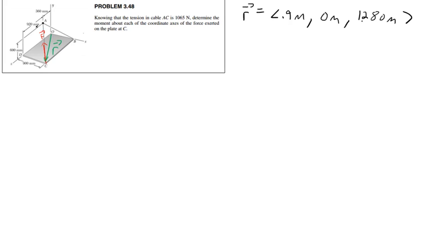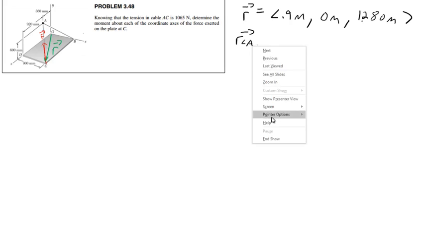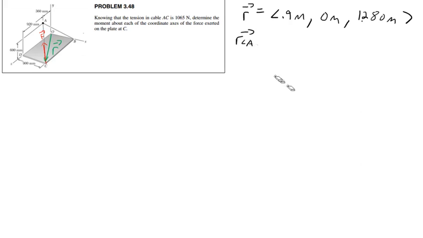Is that right? Yes, 1.28 meters. That's vector r. Now, I need to get the vector from, I know in a previous class we actually calculated this vector before, but that's okay.